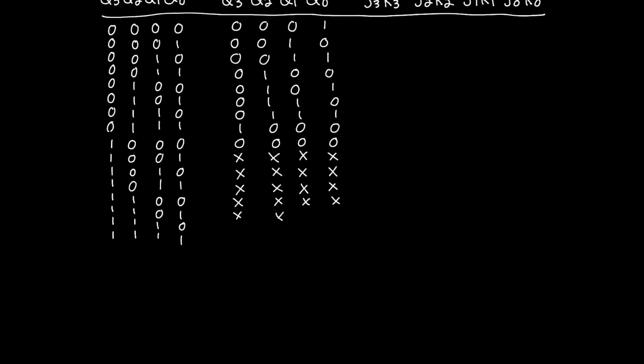It can pay off in that I will have greatly simplified logic expressions, but I'm taking a risk because what if I power on my counter and I find myself in one of these invalid states and somehow the next state resolves to another invalid state and I never make my way back into the counting sequence. It just kind of bounces around between invalid states for all of eternity.